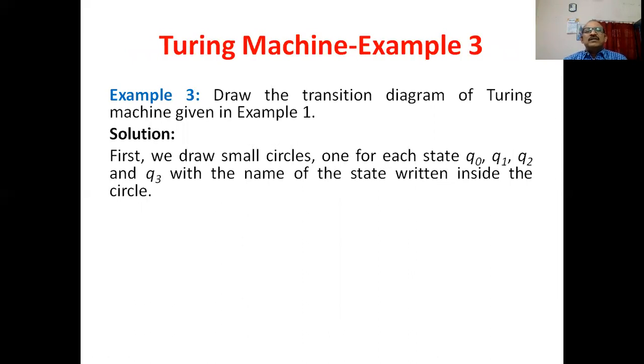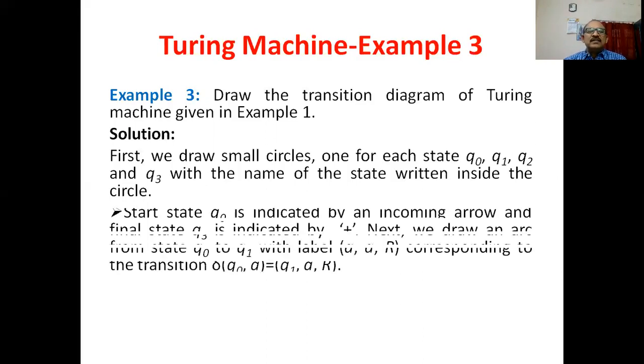Let us see how we draw a transition diagram for a Turing machine. Let us take the machine given in example 1. As we know, first we draw small circles for each state Q0, Q1, Q2 and Q3 of the machine with the name of the state written inside the circle.